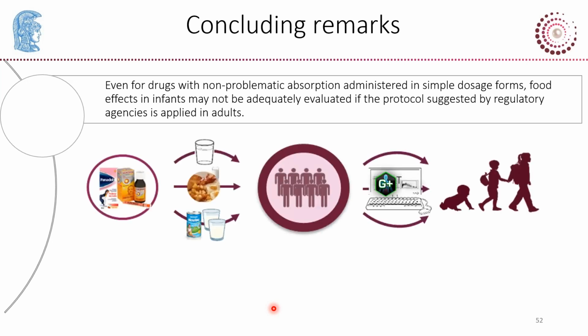Then we proposed and evaluated a methodology where we administered pediatric formulations under 3 different dosing conditions in healthy adults. Then we used this dedicated relative bioavailability study as a basis for our PBPK model in GastroPlus. And then we extrapolated or scaled this model to our pediatric population.